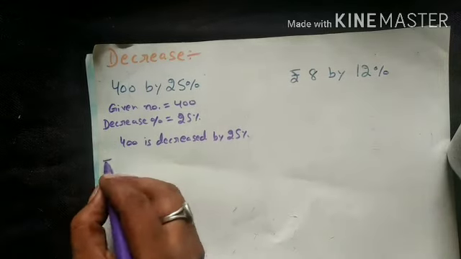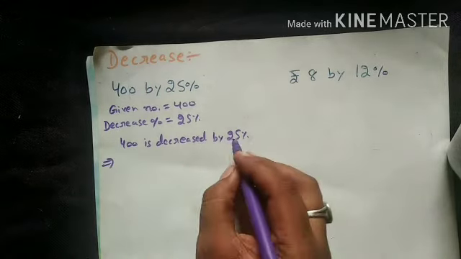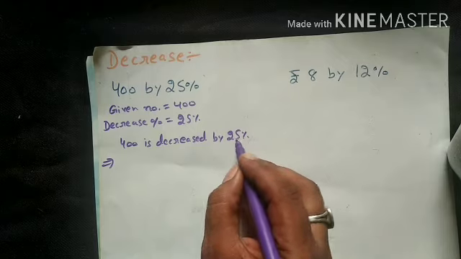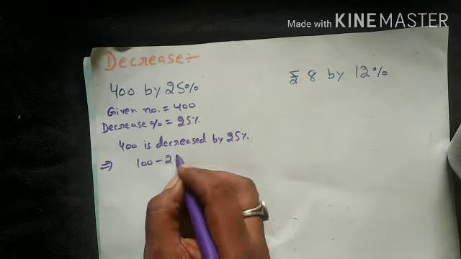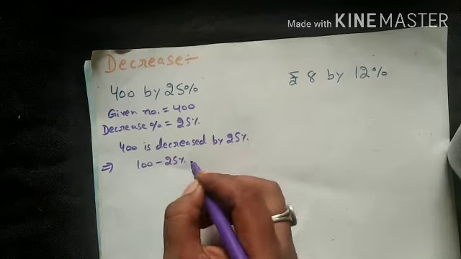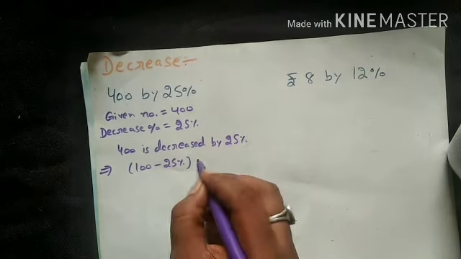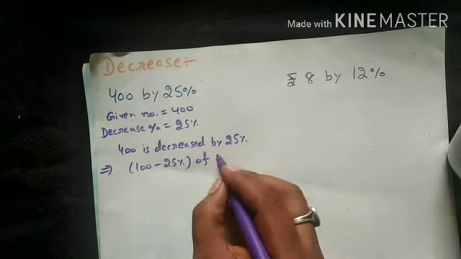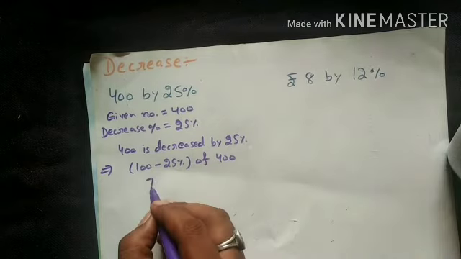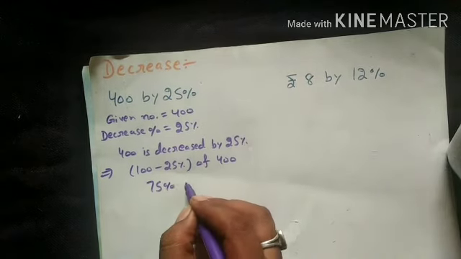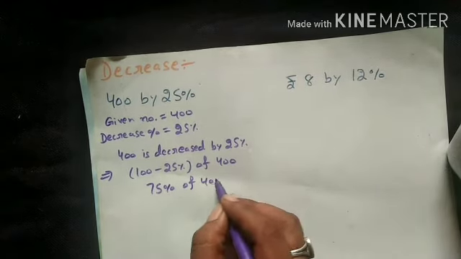As we know, this will be subtracted from 100. Therefore 100 minus 25% of what? 400. Okay, now 100 minus 25%, that is 75% of 400.